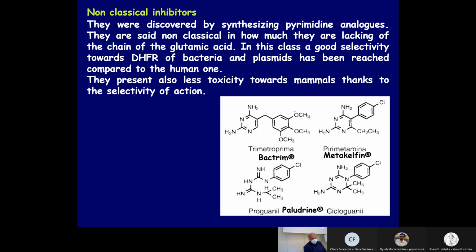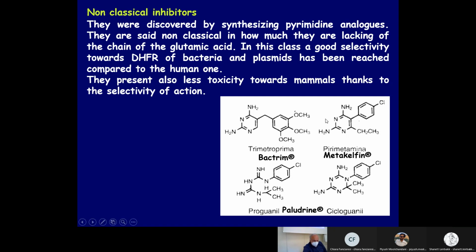Also, pyrimethamine is used mainly as antimalarial drug. We'll see in the next chapter the drugs used against the Plasmodium malaria, you know.